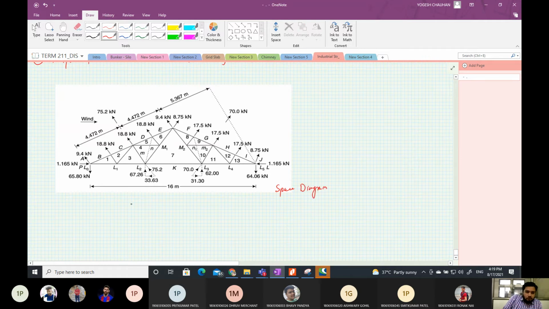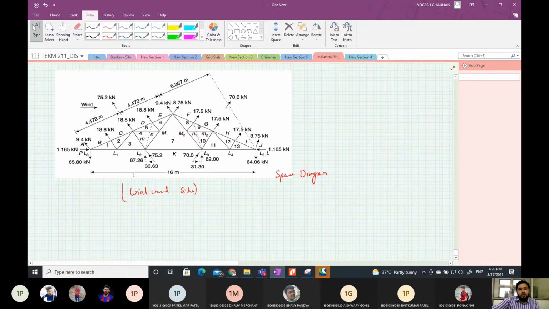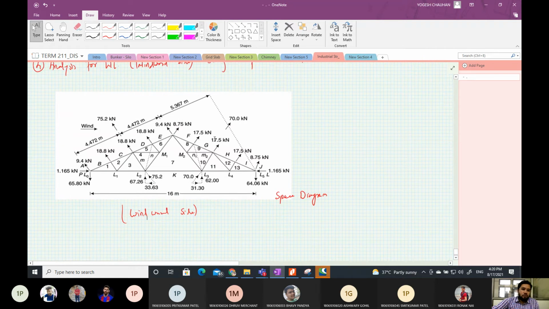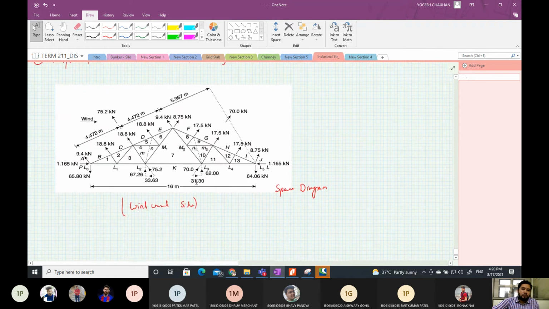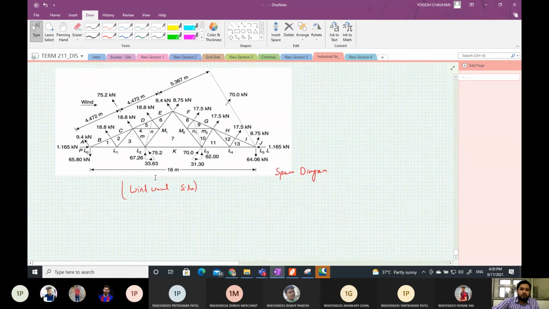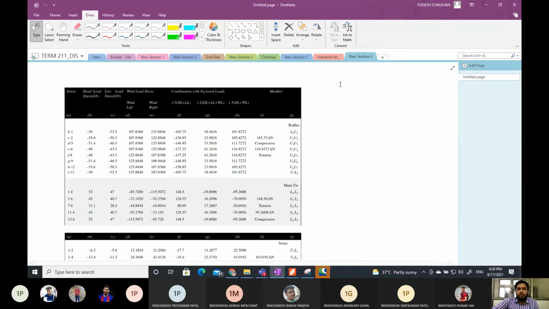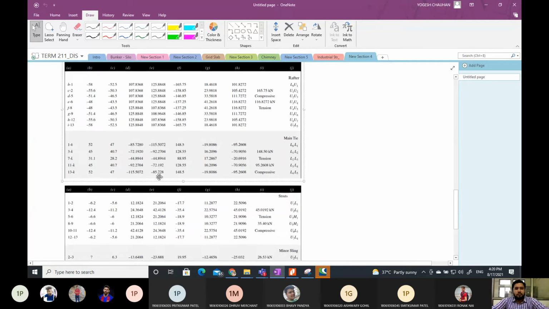This is windward side. So similar to leeward side, you can draw the vector diagram for this windward side, and then finally you will get the member forces. So these are the member forces.